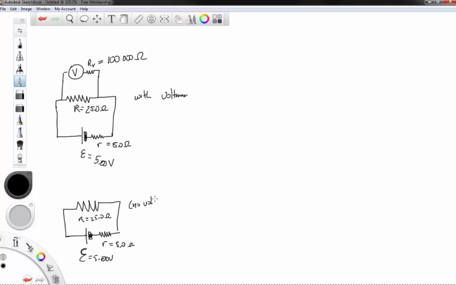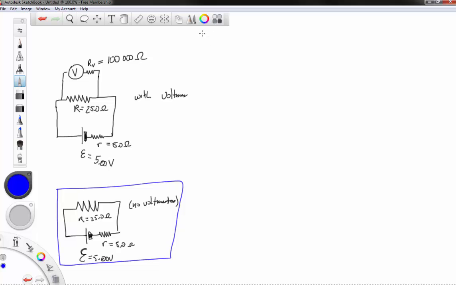So no voltmeter. And so maybe we'll start with this case and then we'll work through the other case and see what happens.